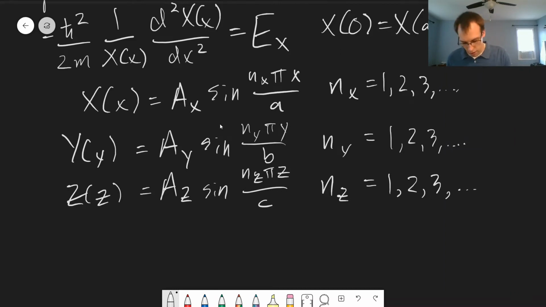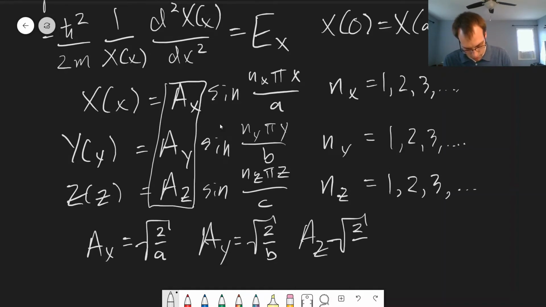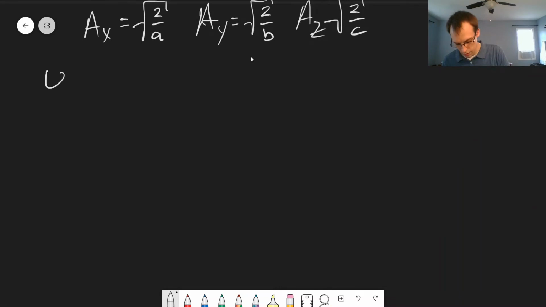And actually, the normalization for all of these constants is going to be the exact same as it was for the one-dimensional particle in a box. So we know that A for x is going to be the square root of 2 over a, A for y is going to be the square root of 2 over b, and A for z is going to be the square root of 2 over c. We can combine all of this, and our overall solution, psi as a function of x, y, and z, is just going to be all these multiplied together.